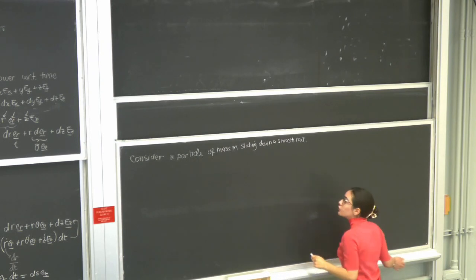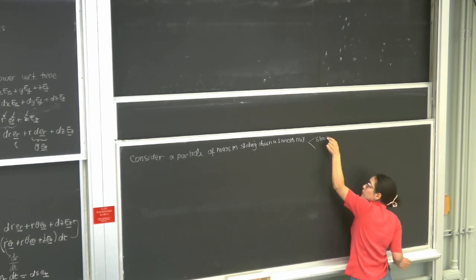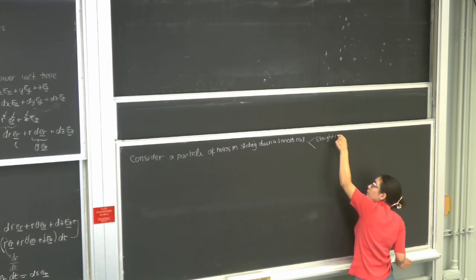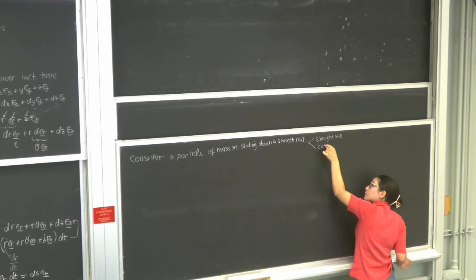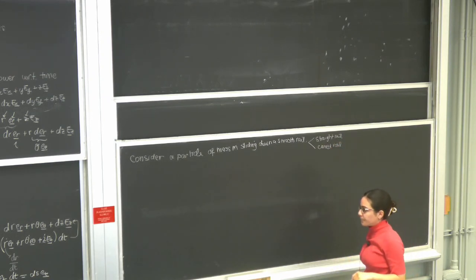And let's consider two options for the rail, straight rail and curved rail.